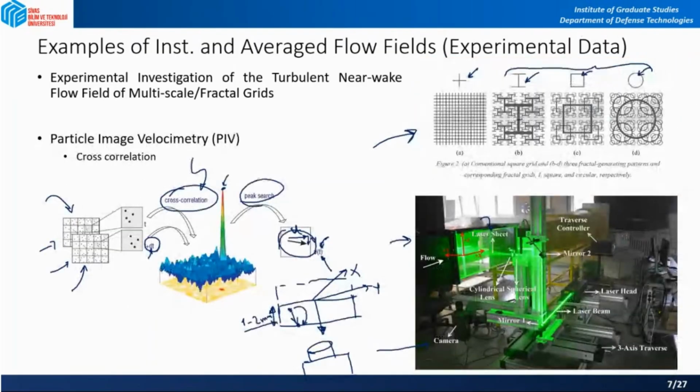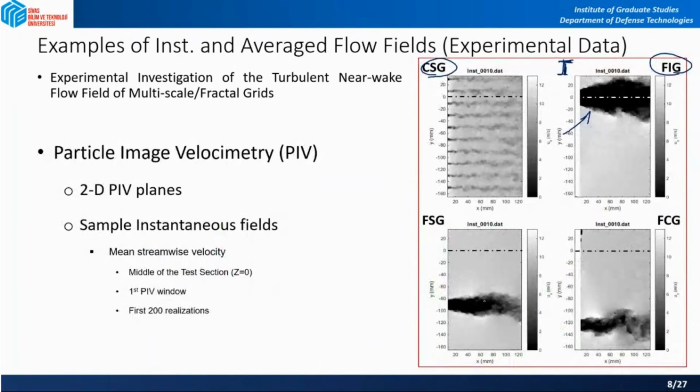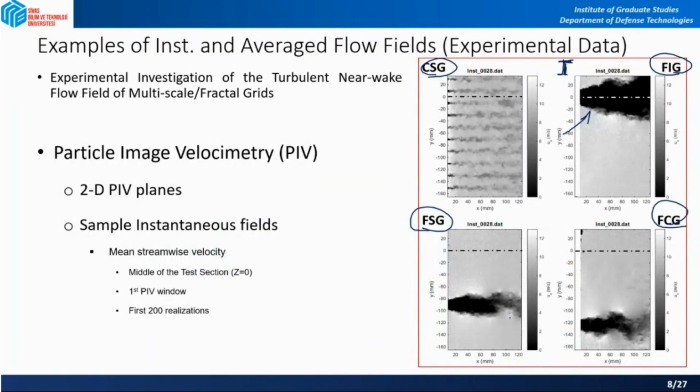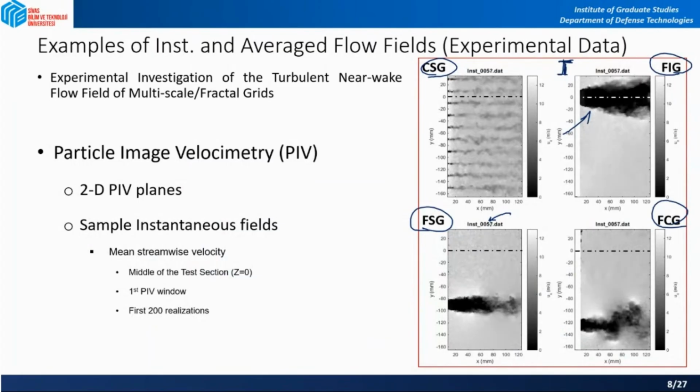The picture was taken in here, actually cutting this portion. And then you're seeing different wakes belonging to, for example, the square grid or the circular grid. These are samples of instantaneous data. As you can see, the instantaneous number is increasing. I'm showing you the first 200 realizations, for example.